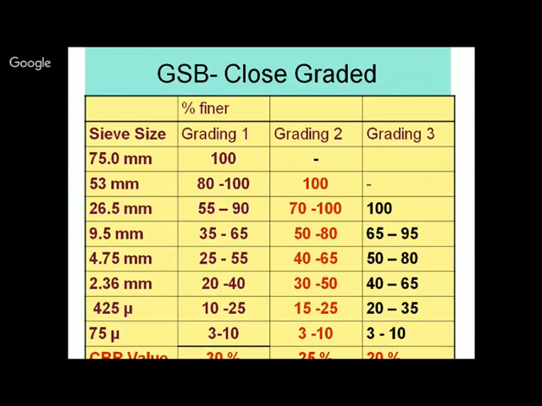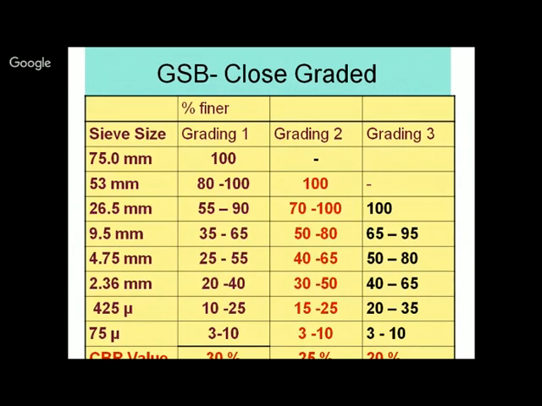Let us see correspondingly the grading requirements for grading 2 and grading 3. In grading 2, the maximum particle size is limited to 53 mm, and likewise for grading 3, the maximum particle size is limited to 26.5 mm.